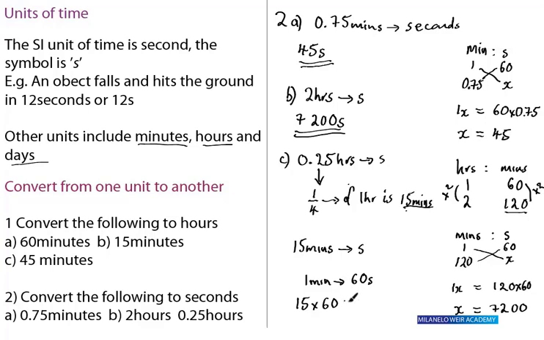We get 900. So the answer is 900 seconds. This is our final answer. So that's it about units of time. Now we are going to be looking at a stopwatch.